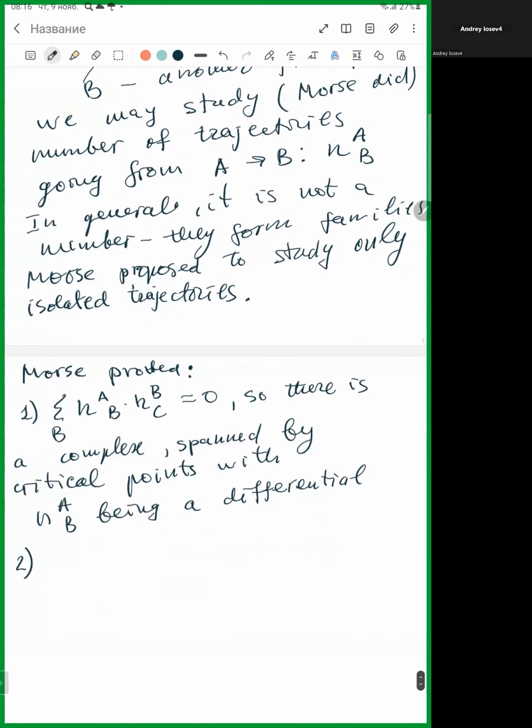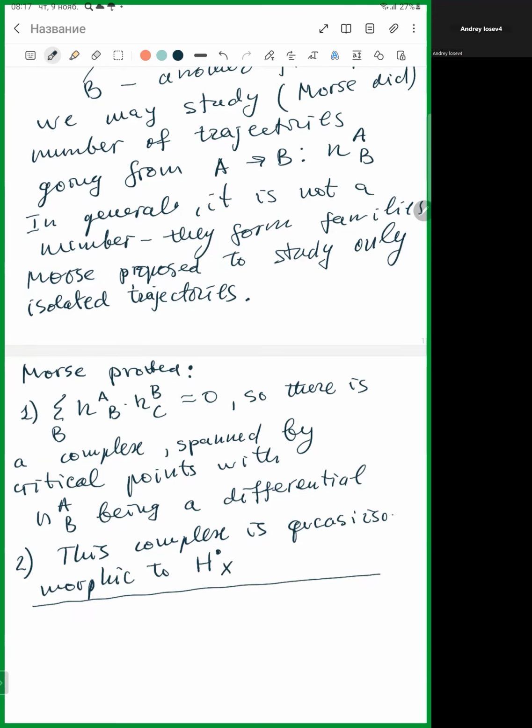He also showed that this complex is quasi-isomorphic to cohomologies of X. And it is where Morse stopped.